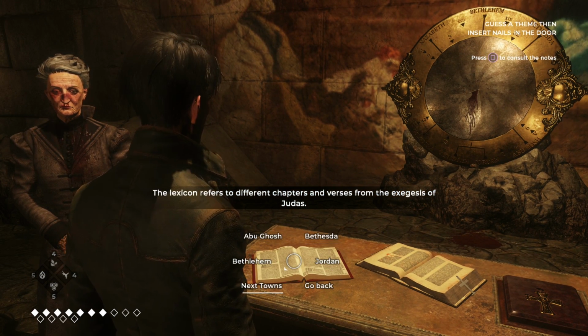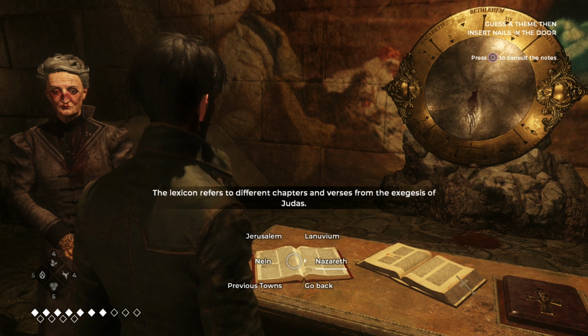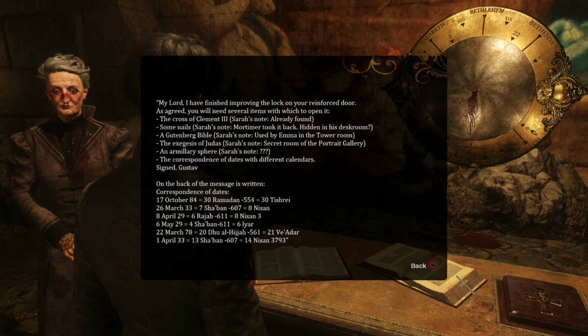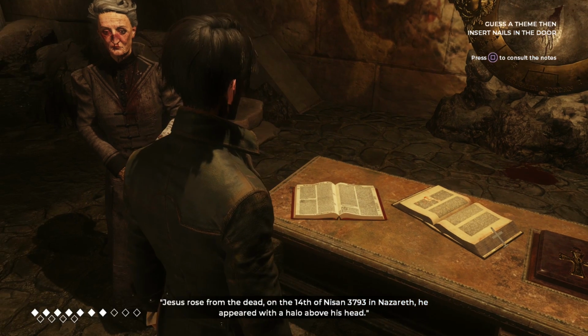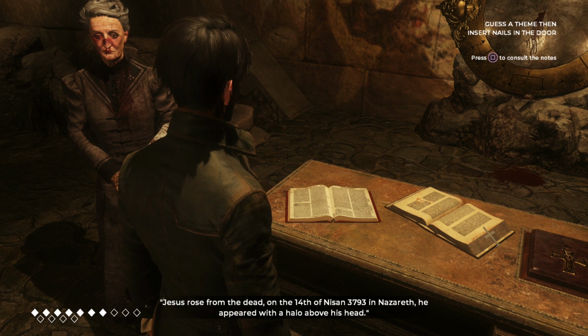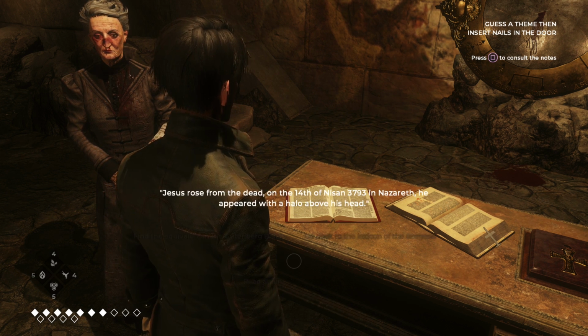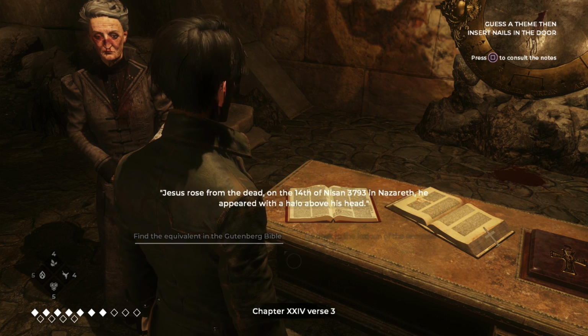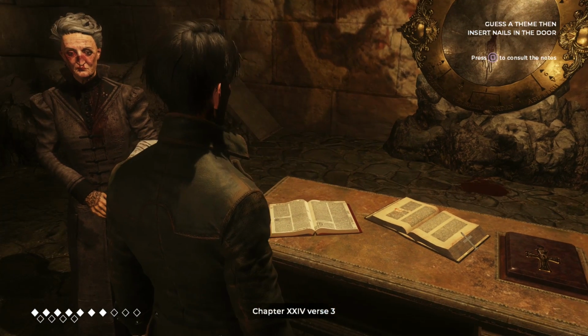So, would it be Nazareth? Chapter 24, verse 3. Jesus rose from the dead on the 14th of Nisan, 3793, in Nazareth. No, He appeared with a halo above his head. That's the resurrection. Chapter 24, verse 3.